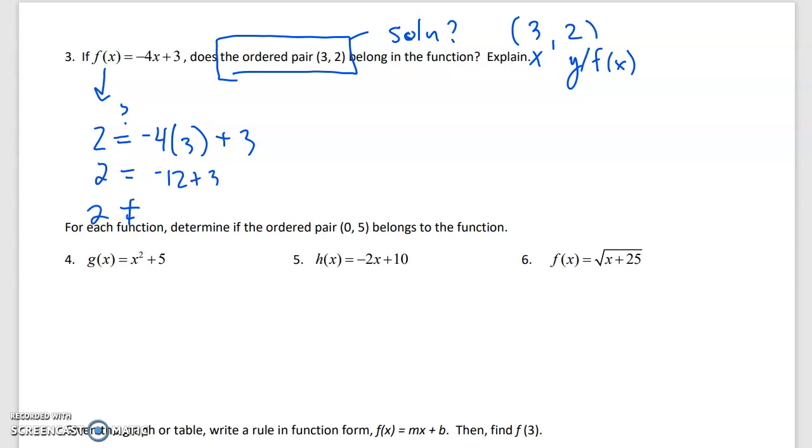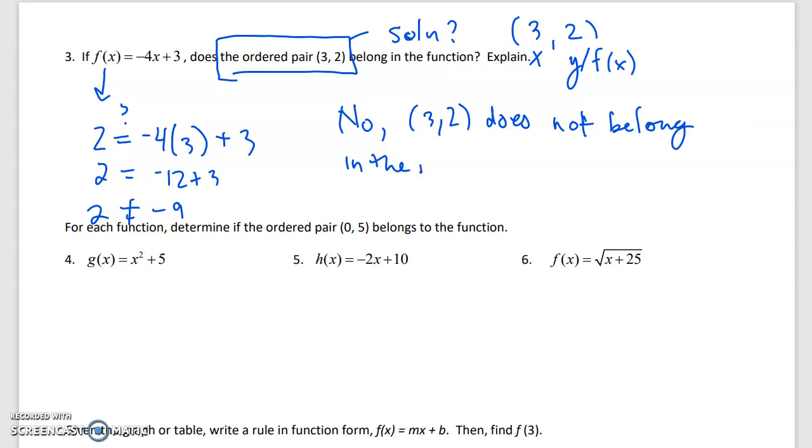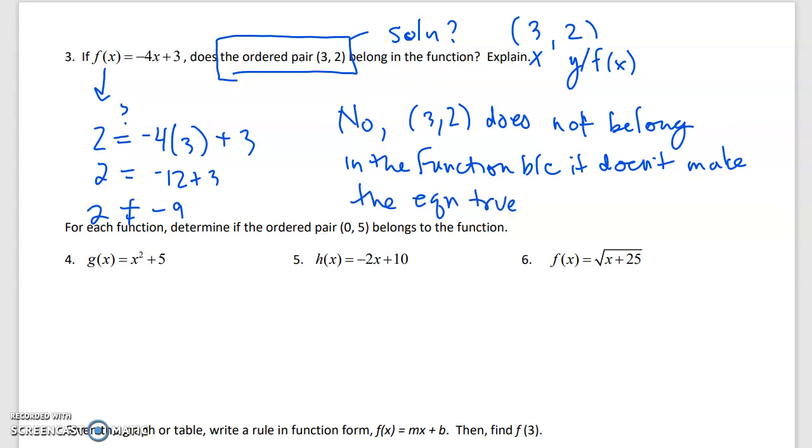And 2 does not equal negative 9, so no. (3, 2) does not belong in the function because it doesn't make the equation true.